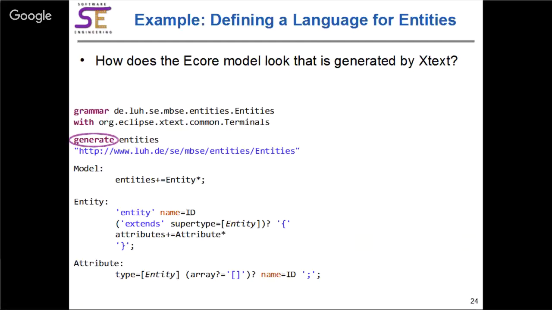So, if we now say generate here, by what I explained, what do you think the corresponding Ecore model should look like?